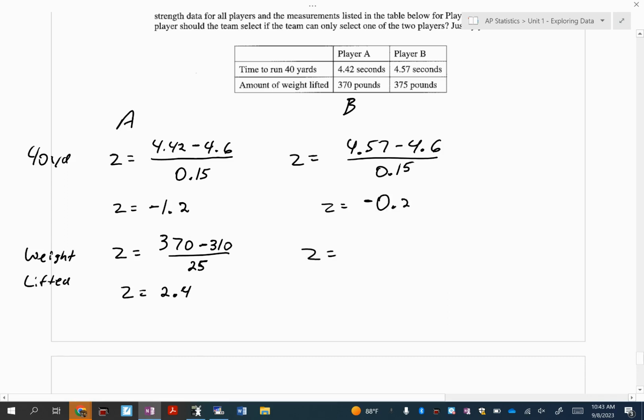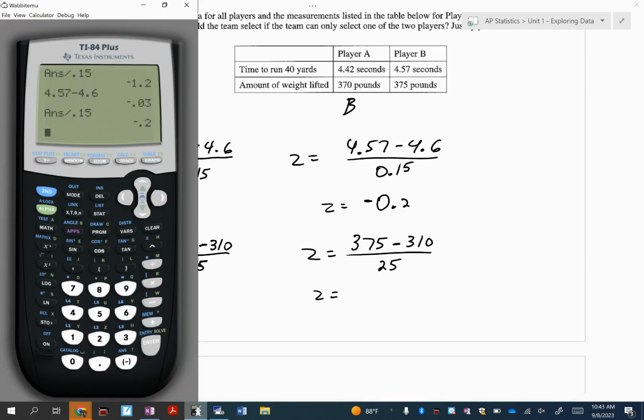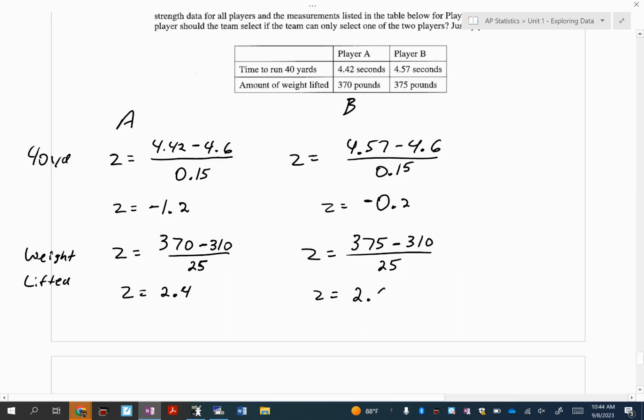And then they lifted 5 more pounds than player A, which results in... so only resulted in a 0.2 increase in terms of standard deviations stronger.